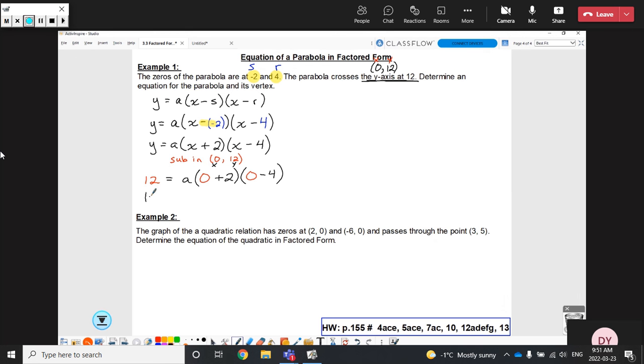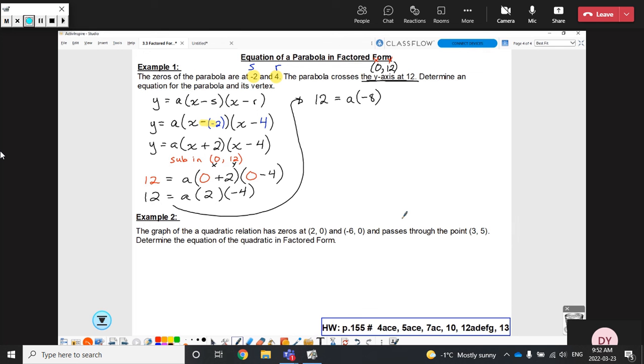And off we go. 12 equals a bracket 2 bracket negative 4, something like that. Now what's happening between the a and the 2 and the minus 4? What operation is going on between all three of those things? Multiplication. So we'll get something like 12 equals, well, a times, I guess, negative 8, I suppose.